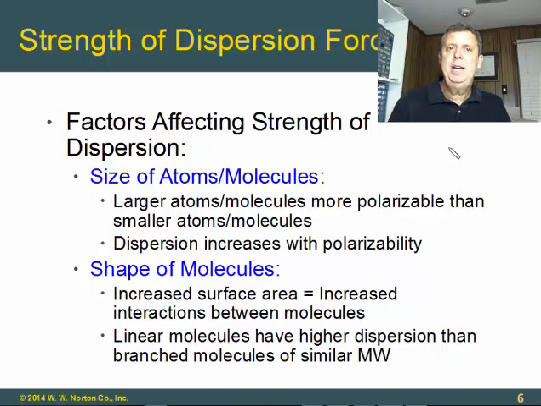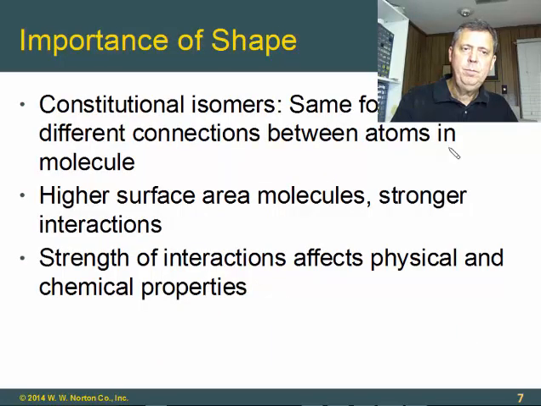If they can line up side by side, every atom in that chain can be attracted to atoms in the nearby molecular chain, and it can add up so that it can make these molecules want to stay near each other. Because you don't just have one atom attracted to one atom on a molecule, you have bunches of atoms in one molecule lined up next to the atoms on the other. So the sizes and shapes can make a difference. Again, I just wanted to briefly mention this right now. We'll go into some more detail on this later.